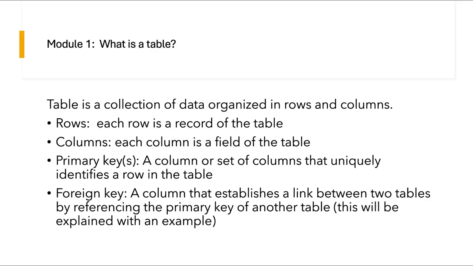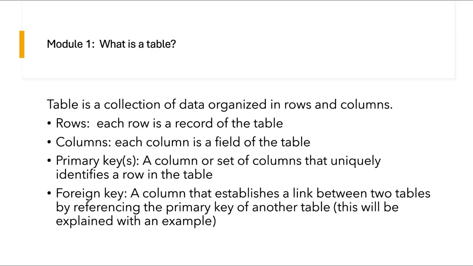PK, primary key, is a column or set of columns that uniquely identifies a row in the table. FK, foreign key, is a column that establishes a link between two tables by referencing the primary key of another table. But how can we create a relation between two tables using two columns?